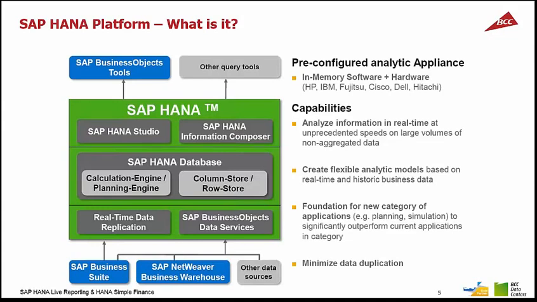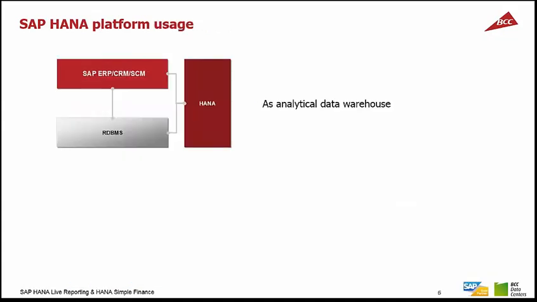Okay. If we have SAP HANA, we can use it in various ways. The first way is to use SAP HANA as an analytical data warehouse. So we replicate data from any database system or from any SAP system.